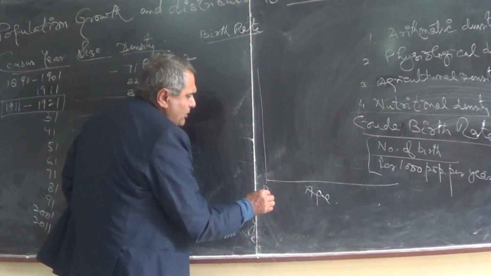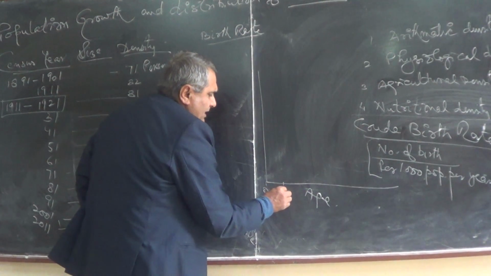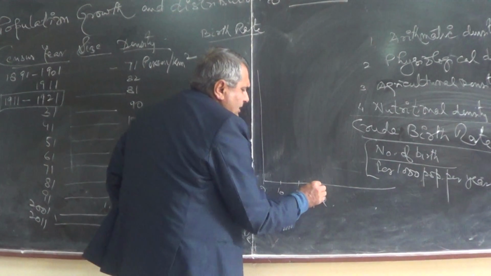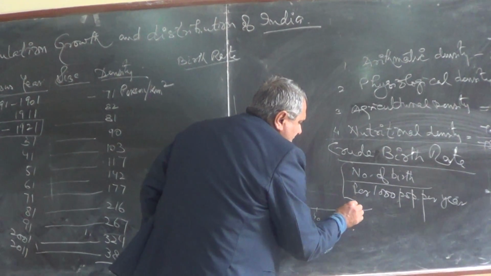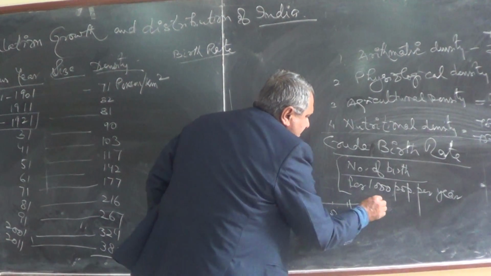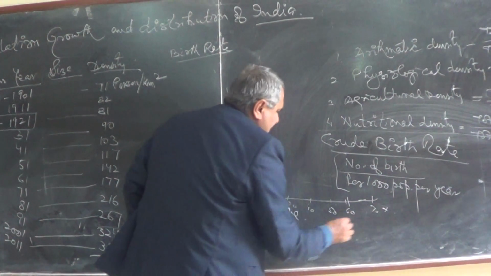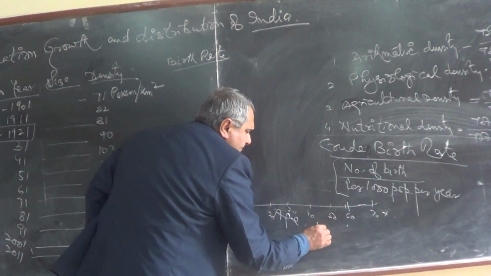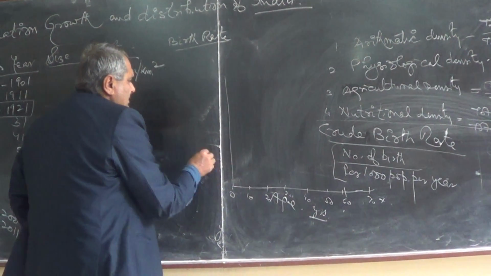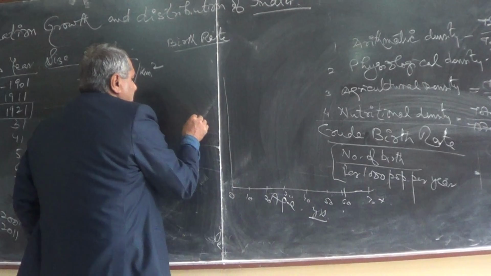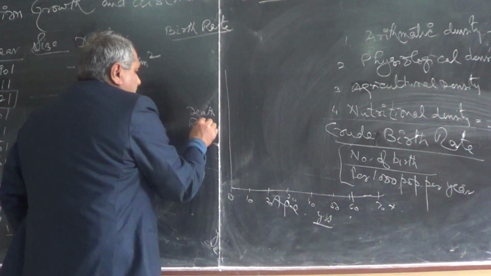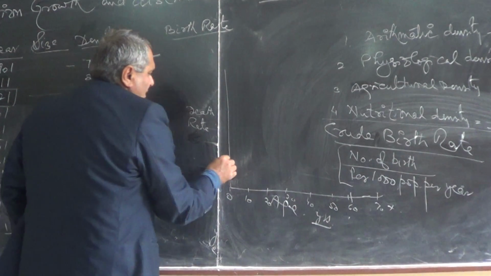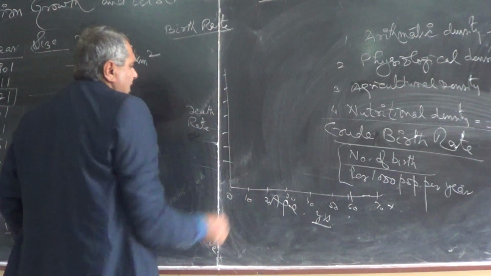At the time of birth, then 10, 20, 30, 40, 50, 60 and 70 plus. This is the age in years, and this is the death rate, low to high.